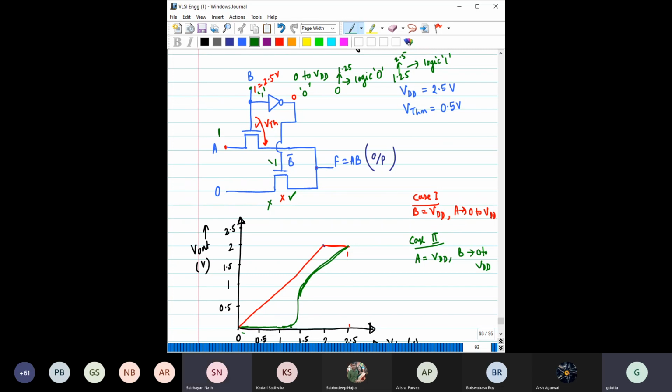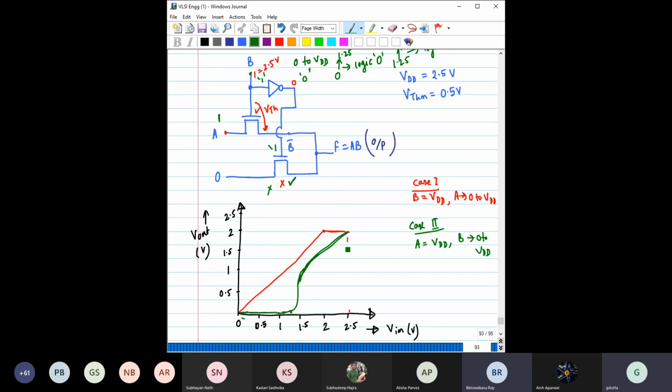Because there is a direct path from A to 0. So how does that affect? I think if we consider A to be drain and A to be source, then the VDS of the transistor will also change.